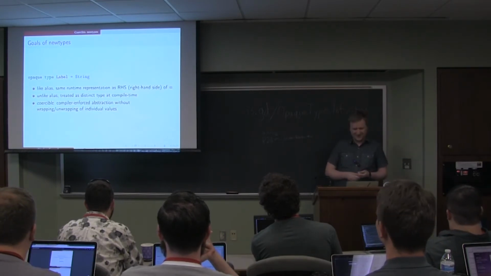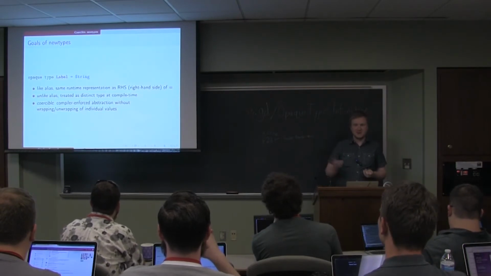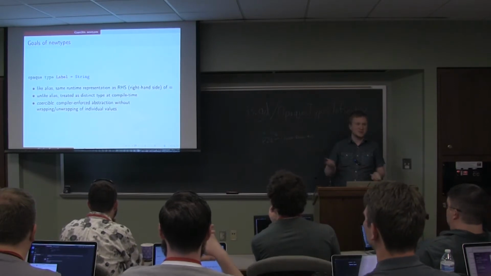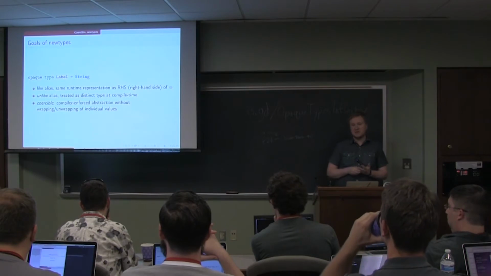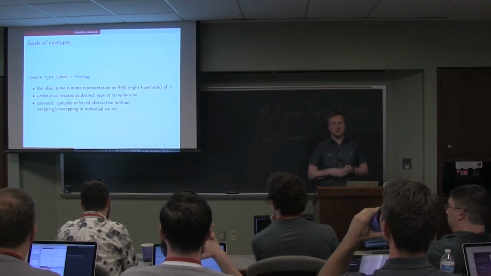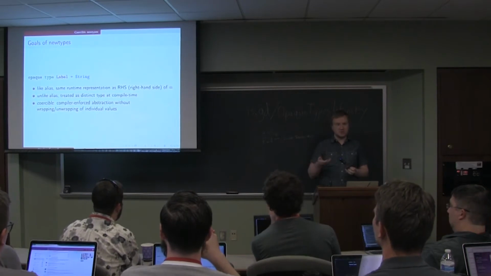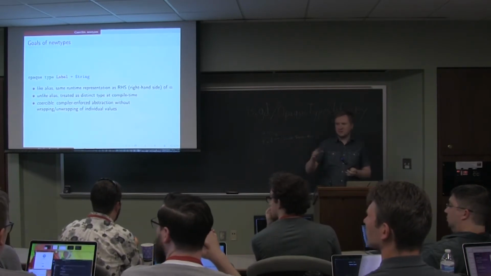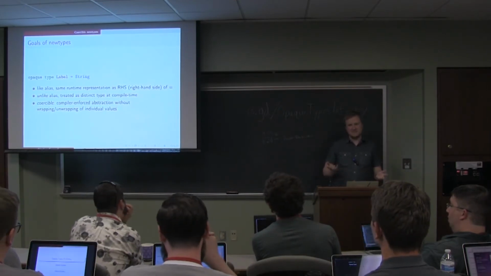So an opaque type, or an opaque type alias, is present in several languages as a first-class construct. Like an alias, the runtime representation is exactly the same. There's no object wrapper or class wrapper that you get if you try and do object-oriented abstraction. So it's like an alias in that way.